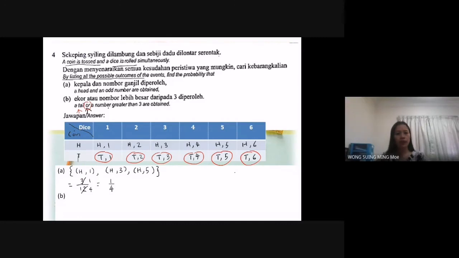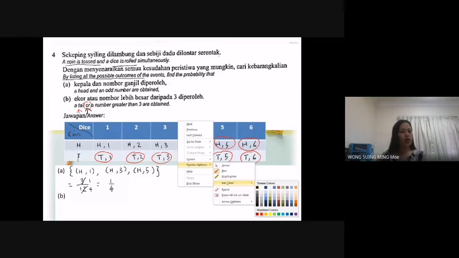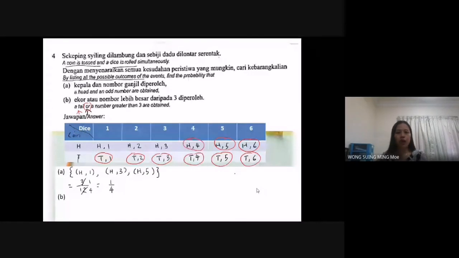Or a number greater than 3. So here, number greater than 3, we cannot include 3. So understand or not? If "or", means a lot of possible outcomes. If "and", make sure both criteria are fulfilled, then only you choose it.